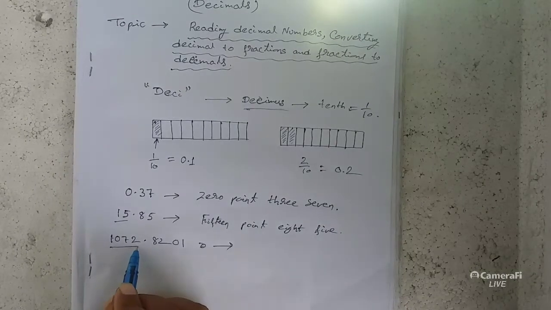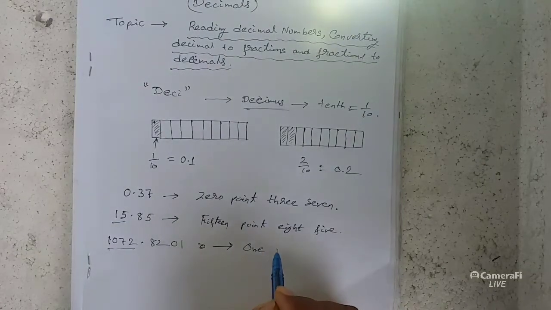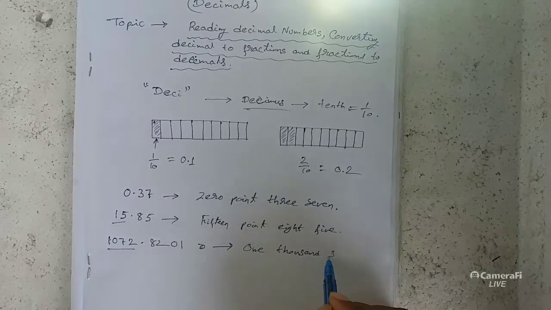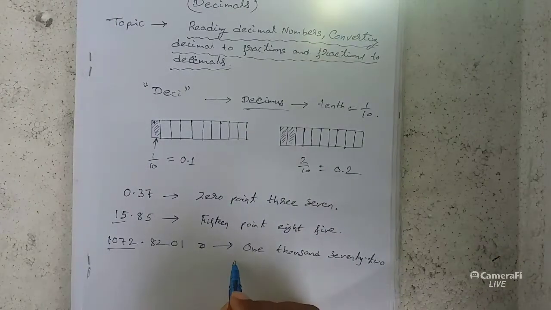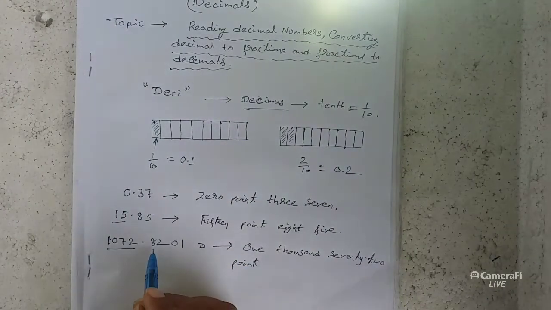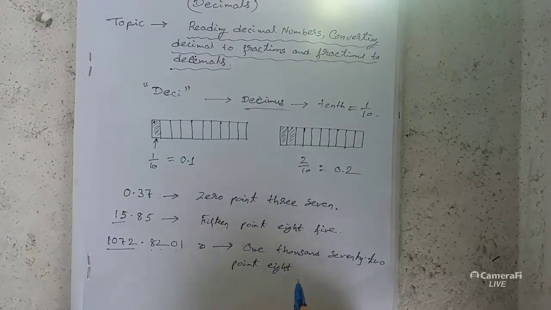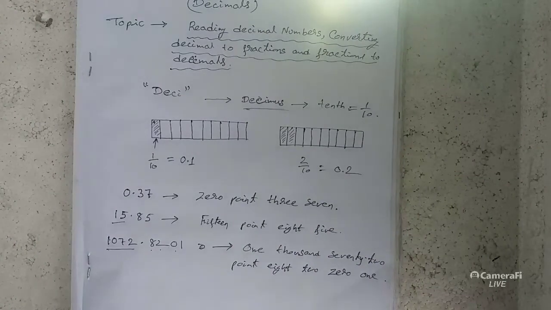We will read this whole number 1072, then 0.8201.